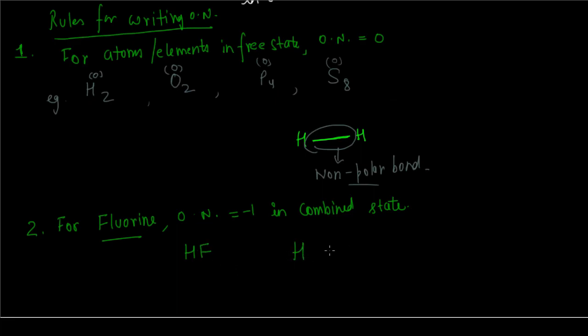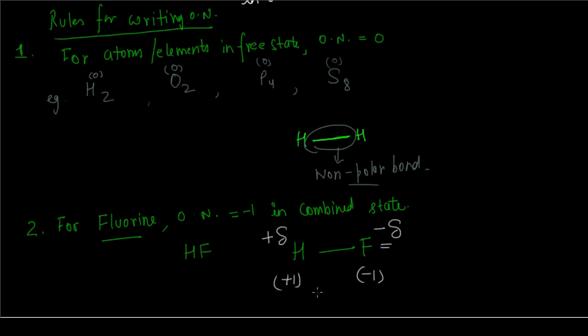Hydrogen fluoride has a single covalent bond between hydrogen and fluorine. Hydrogen being more electropositive and fluorine being the most electronegative element of the periodic table, fluorine gets a partial negative charge, and hydrogen gets a partial positive charge. Since only 1 unit of partial negative charge is present, fluorine gets -1 oxidation state, and hydrogen here will get +1 oxidation state.